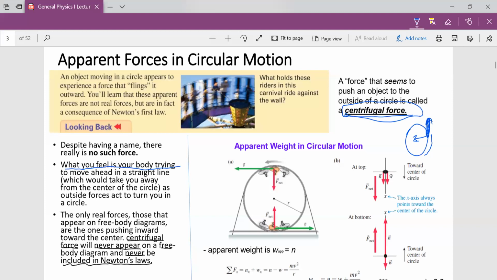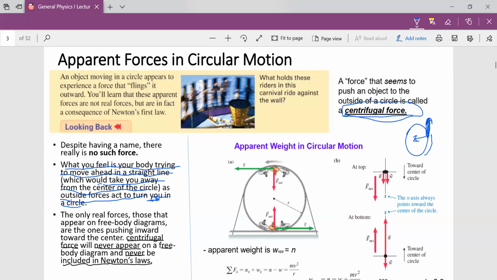What your body is feeling is that it is trying to move ahead in a straight line, which would take you away from the center of that circle, as if you are going outward, but the door of that car will turn you back into the circle. So you successfully make the circular turn with the car. And if we analyze your acceleration, it's actually centripetal, directed towards the center.